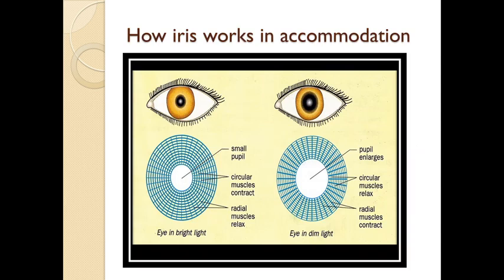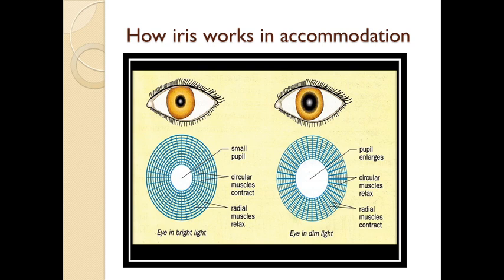So as you can see in this diagram, on the left side, it is the eye in bright light. There we can see that the pupil has been constricted, which means the pupil has become small, and that has happened because the circular muscles have contracted and radial muscles have relaxed. Therefore, it causes the size of the aperture to reduce.